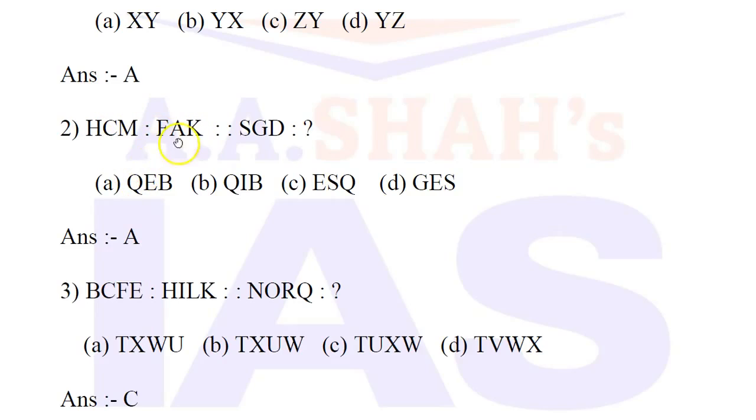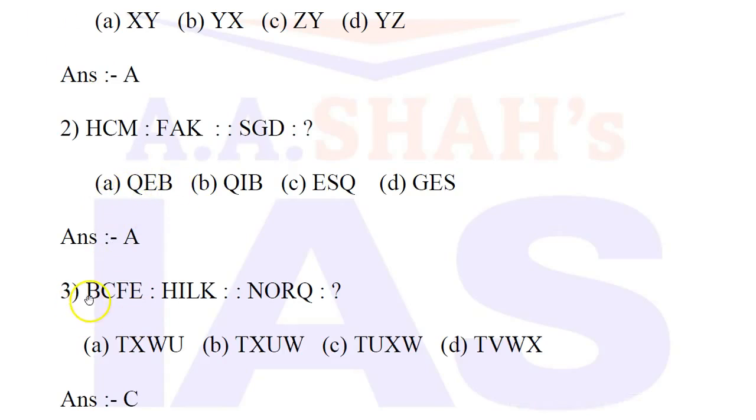H minus 2, the answer here is F. And same thing, C minus 2, the answer here is A. And M minus 2, the answer here would be K. So the same thing has to be followed. Minus 2 has to be deducted from every alphabet here. So S minus 2 would be Q. G minus 2 would be E. And D minus 2 would be B. That's why your correct answer is the A option, QEB.